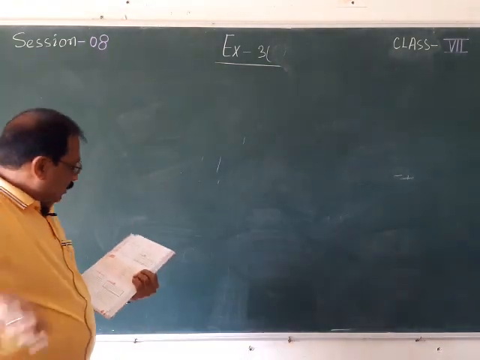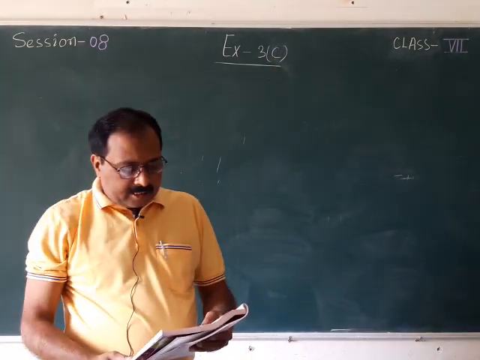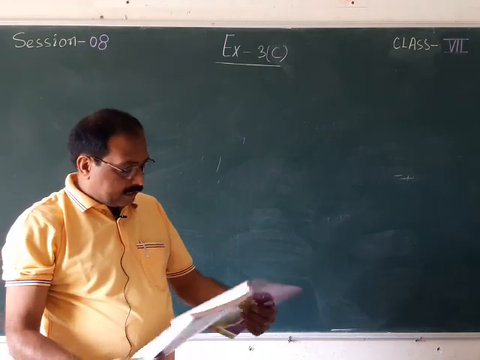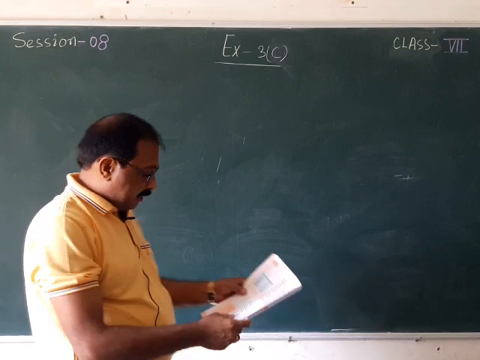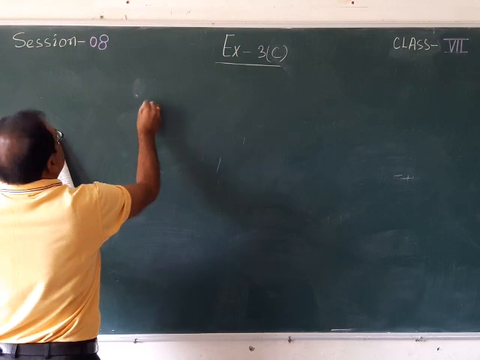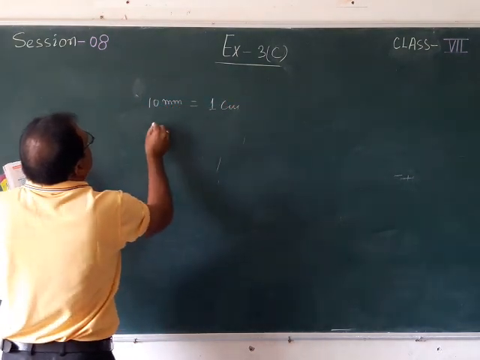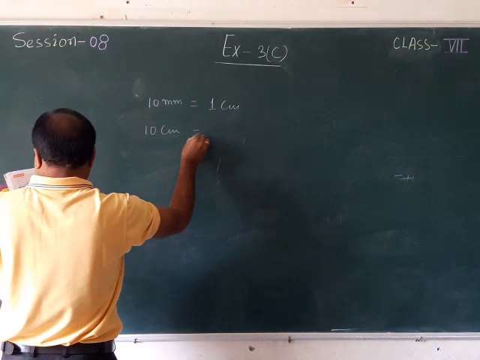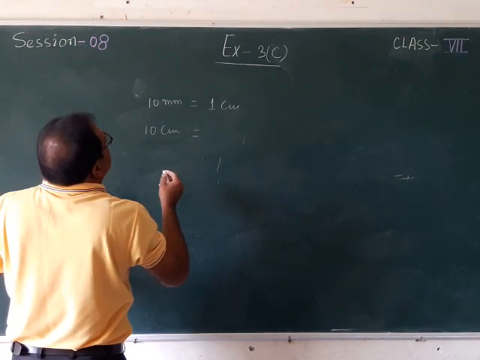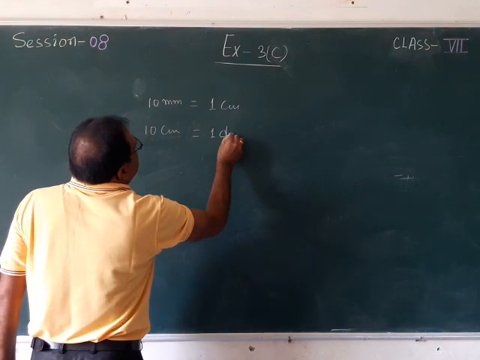In exercise 3C, what you can see? You can see fill in the blanks, and here in the blanks there are some relations. The relation you have to write. One relation is that 10 millimeter equal to 1 centimeter and 10 centimeter equal to 1 decimeter.